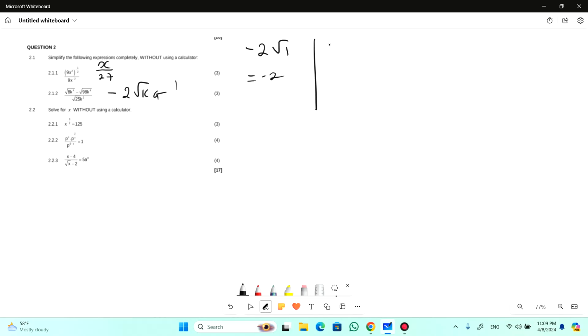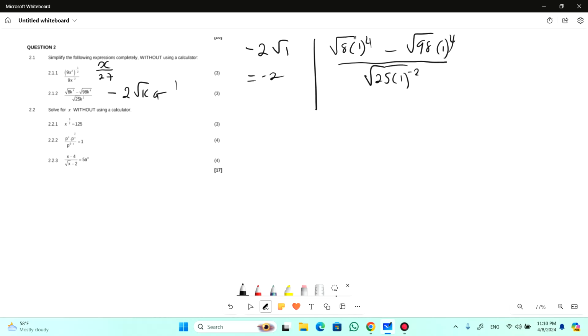Let us see. So here I have the square root of 8 times 1 to the power 4, minus the square root of 98 times 1 to the power 4, then over the square root of 25 times 1 to the power 2.